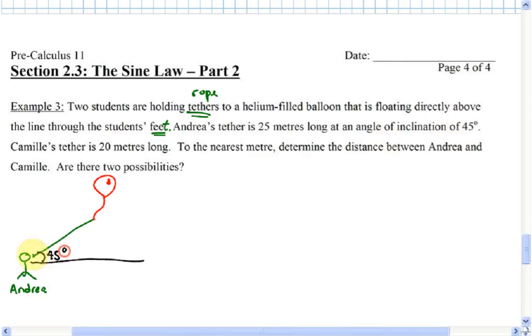And then Andrea actually has a friend. Her name's Camille. Do you have a friend named Camille? Now you do. Here's Camille. What's wrong with Camille? She has long hair. Why does Camille have long hair and Andrea doesn't?